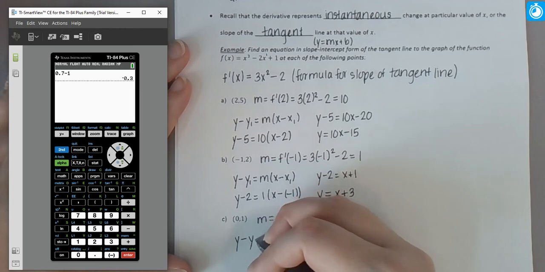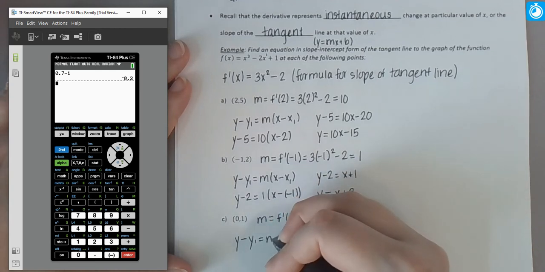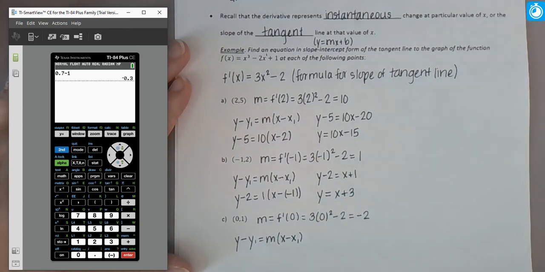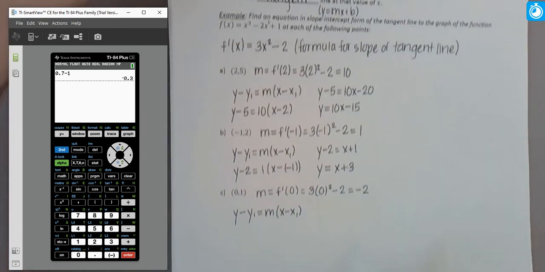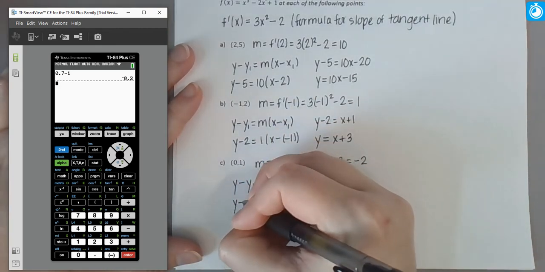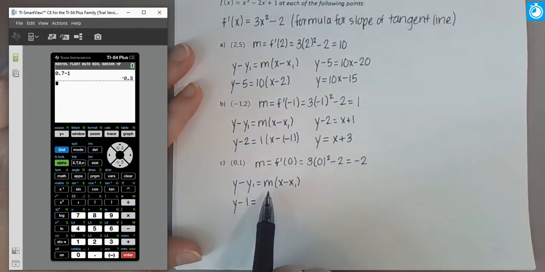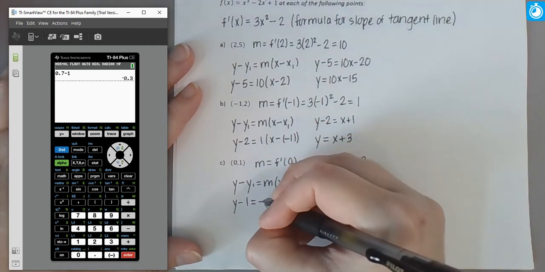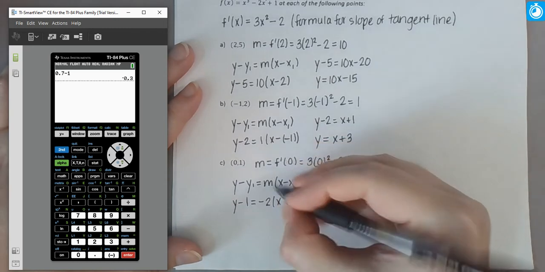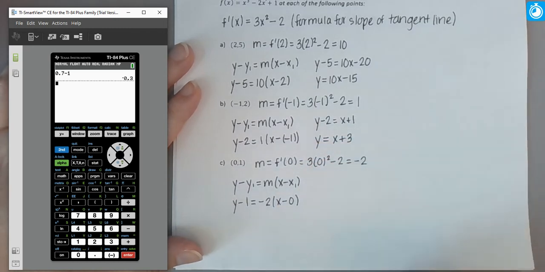So using point-slope, y minus y1 is equal to m times x minus x1. And now we can sub in our values here. So y minus y1, y minus 1 is equal to our slope, which is negative 2, times x minus x1, which is x minus 0 in this case.